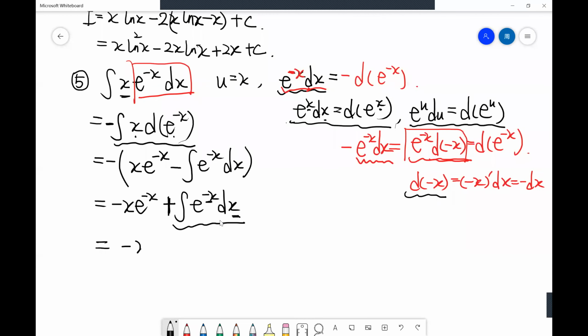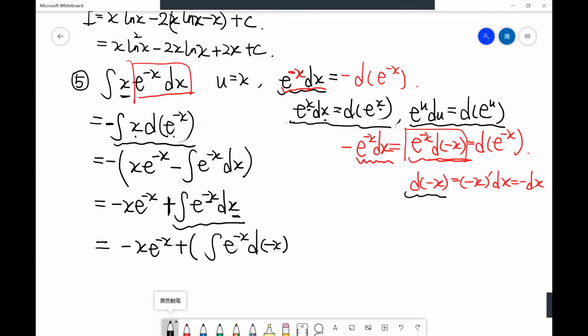So here, that is minus x e power minus x plus, then here e power minus x, we cannot change it because minus here is as the power. We cannot take minus out of the exponential function. So minus x here cannot be changed. So we just can change here. That is d minus x, d minus x.